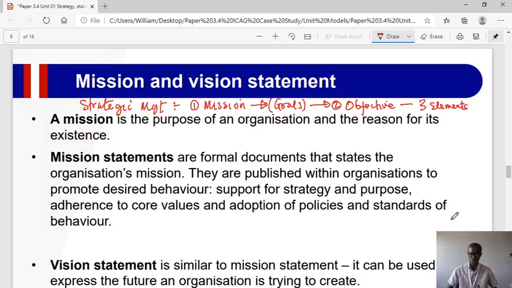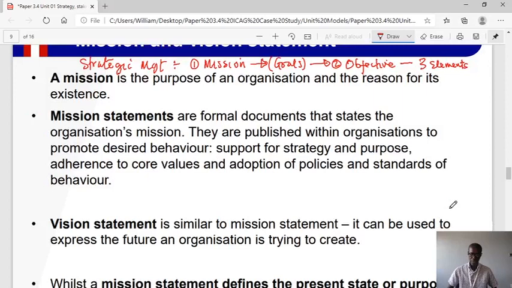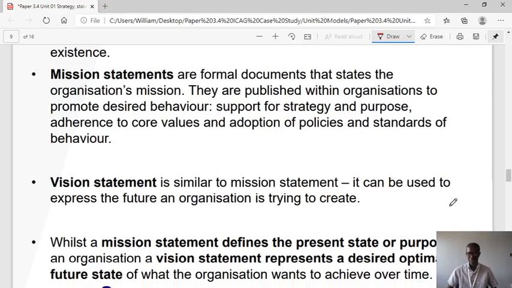Now, we will also realize that some organizations, when you go, will state their mission and then state their vision. So vision is similar to a mission statement.